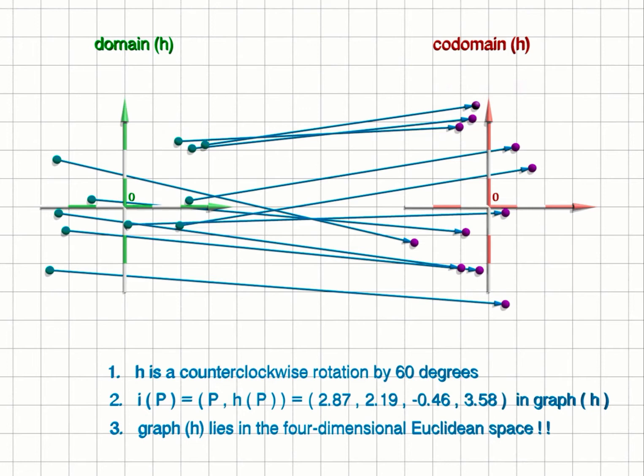From this representation, we cannot really guess that this is indeed a counterclockwise rotation about the origin by 60 degrees. It looks like h is acting quite randomly on these points, and certainly not in a structured way like a rotation. So why is this the case?